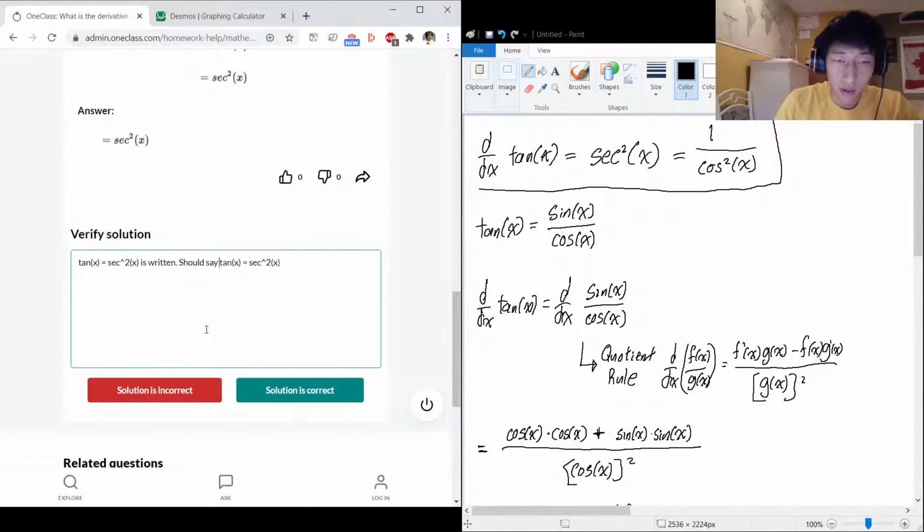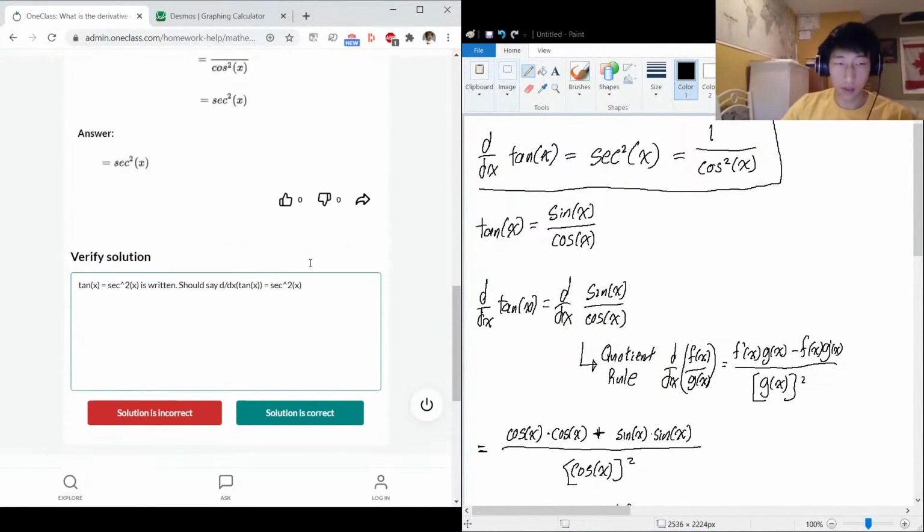Or I'll write it this way: d over dx of tan x is secant squared of x.